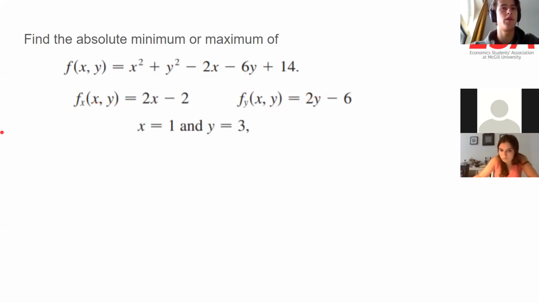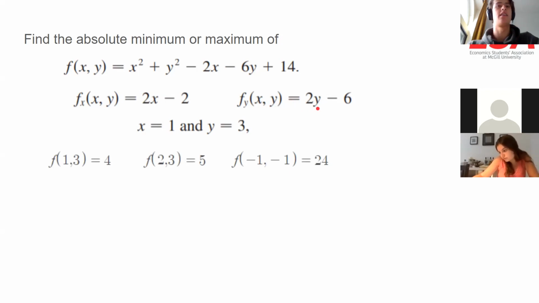All right. Therefore, the point where we maximize those, I kind of jumped a step here, I'm sorry, are going to be x equals 1 and y equals 3, because we set those partial derivatives to 0. So we can then add 2 to both sides, and then divide by 2 on both sides, which gives us x equals 1 and then y equals 3.